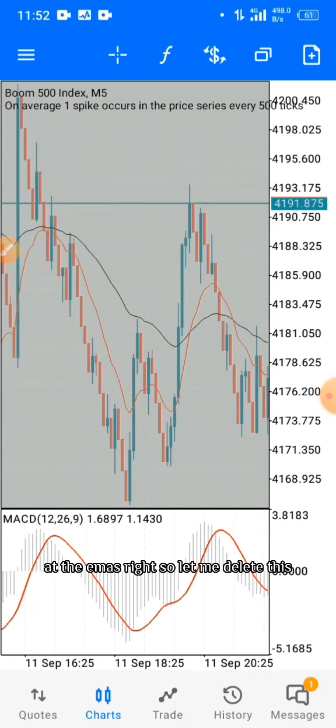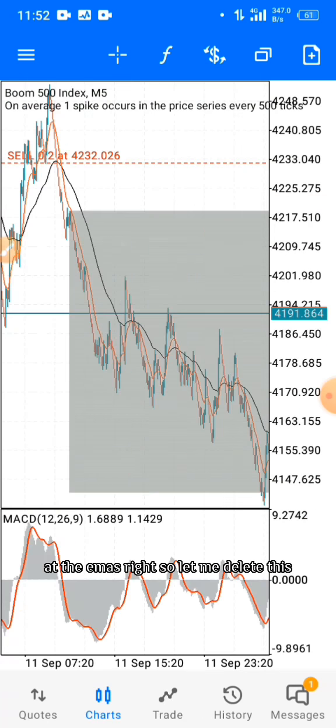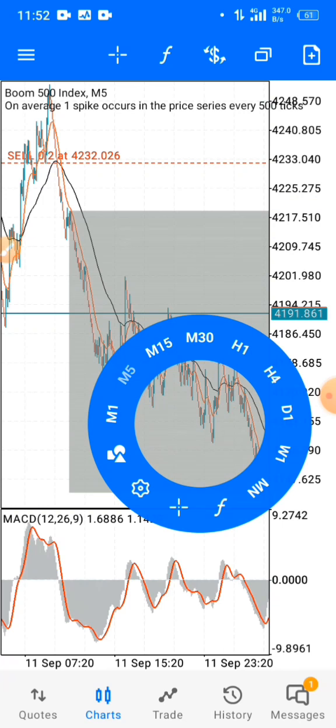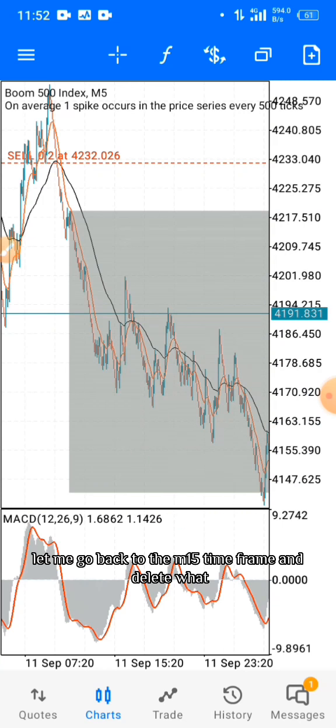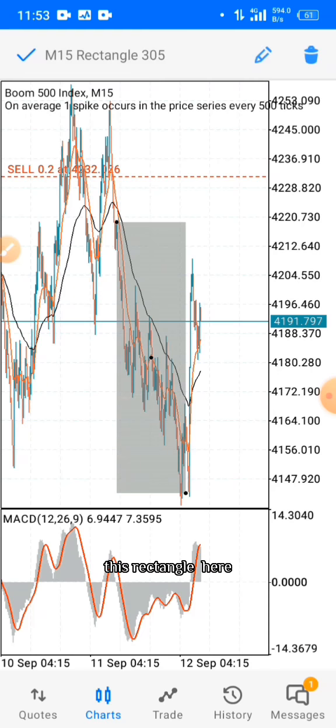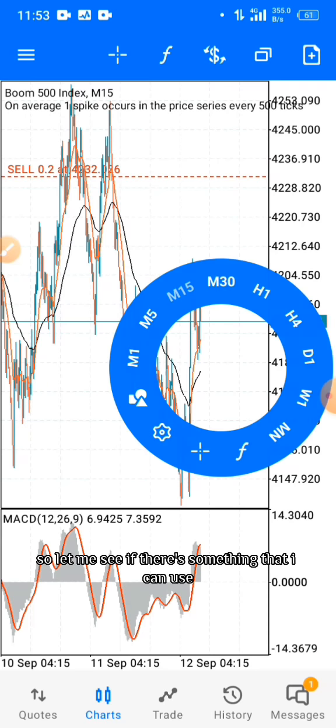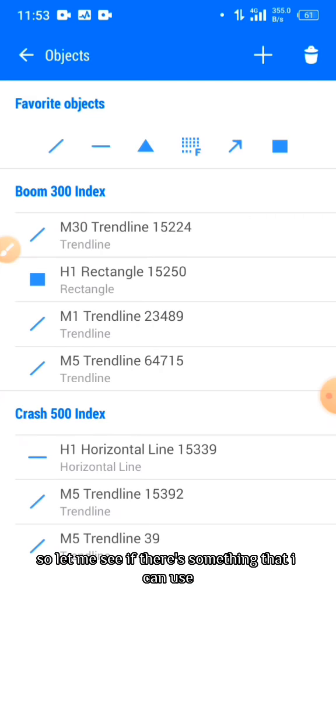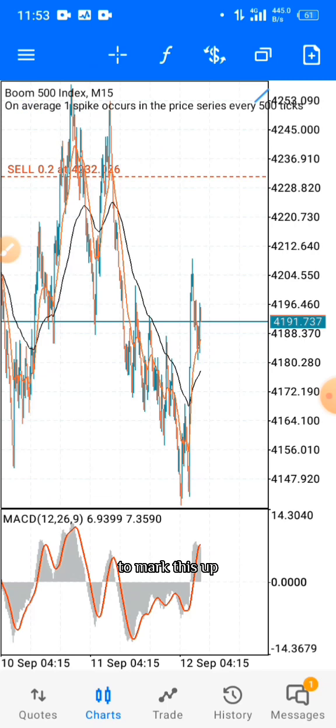the EMAs, right? So let me delete this. Let me go back to the M15 time frame and delete this rectangle here, right? Let me see if there's something that I can use to mark this up, right?